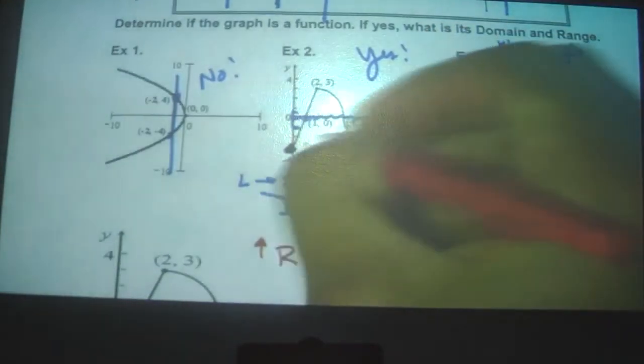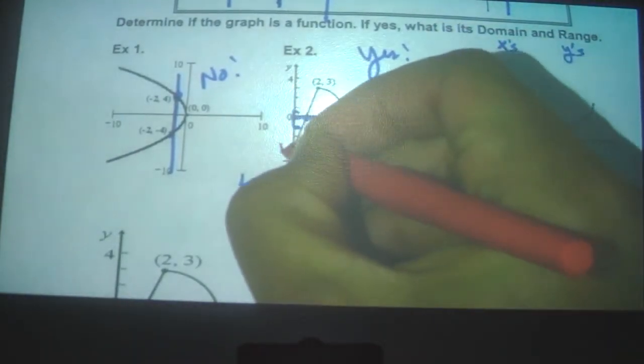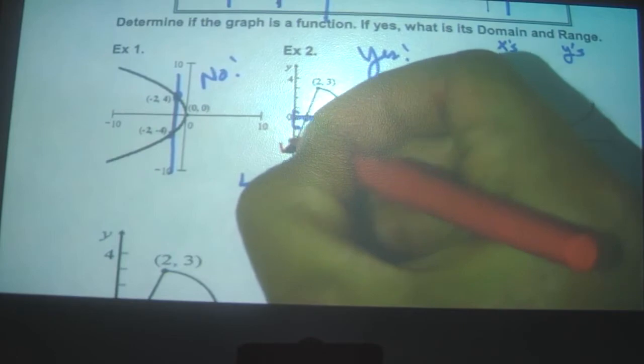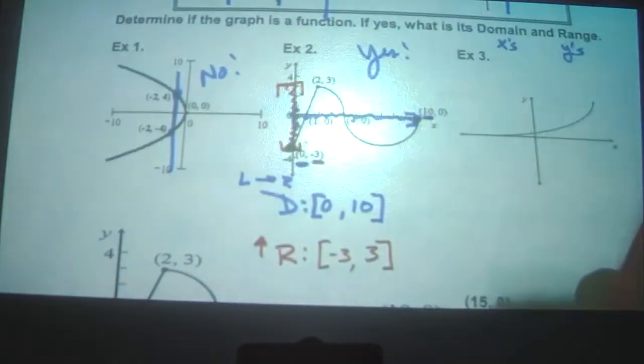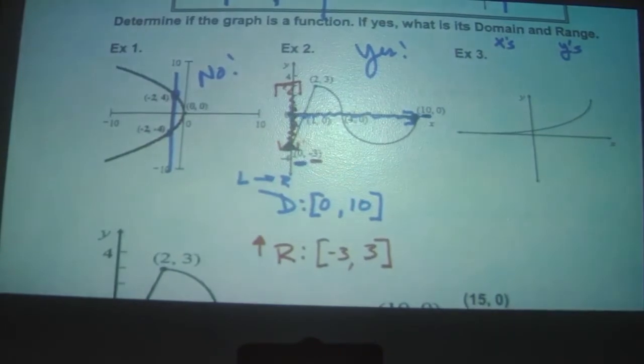So it starts here and just keeps going up until 3. If you're thinking number line, the range's number line goes up and down. Start low and go high. Okay. All right, let's look at the next one. Function, not a function.